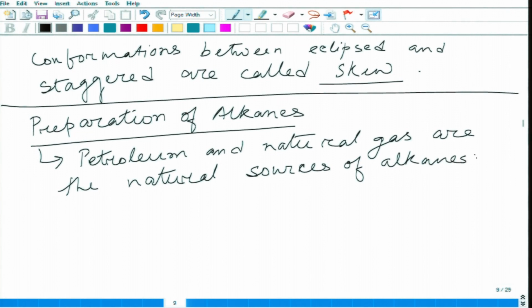Apart from these, we can also prepare alkanes in laboratory. Okay. So, there are some methods of preparing alkanes.